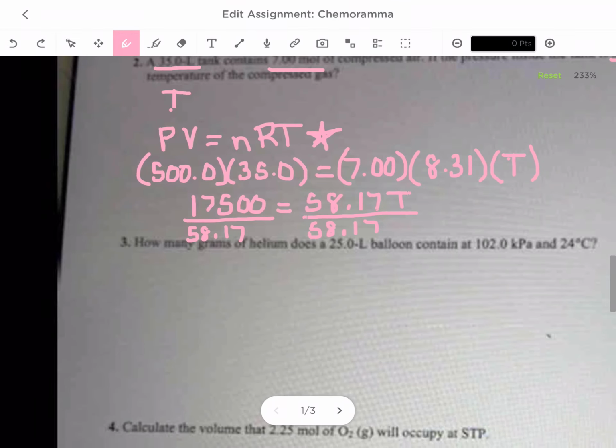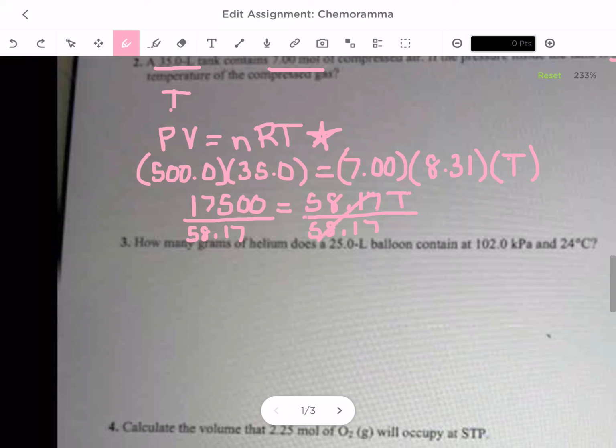So, with that being said, you have 17500. I feel like that's not right. 500 times 35. Yeah, that's right. Okay. Divided by 58.17 equals. So, these cancel.